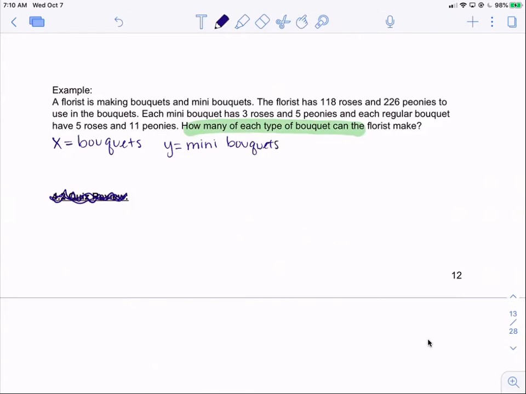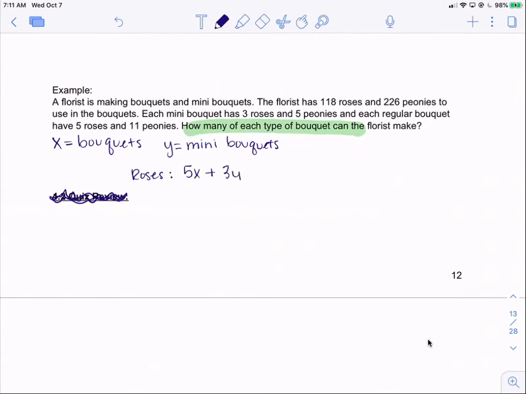Okay, and our 2 equations are going to be based off of the flowers. So our first equation is going to be about our roses. Okay, so for our regular size bouquets, we know we have 5 roses. So we're going to say 5x plus, for our mini bouquets, we're going to have 3 roses.